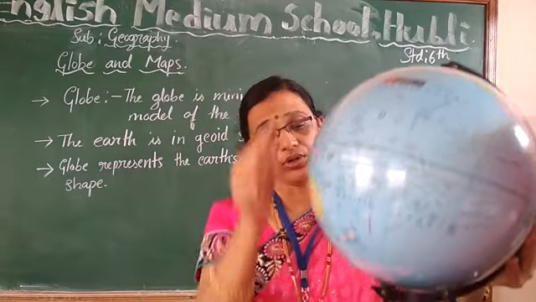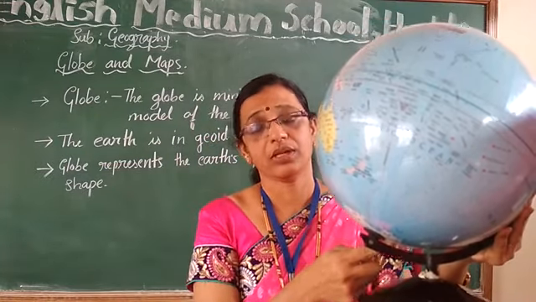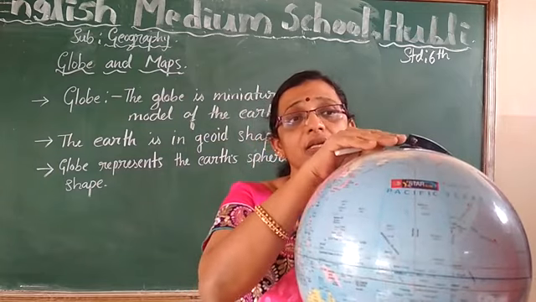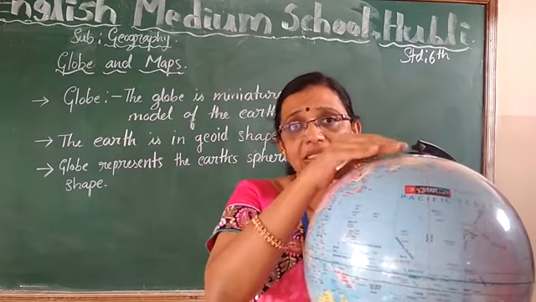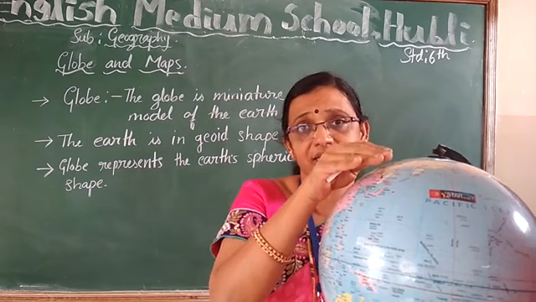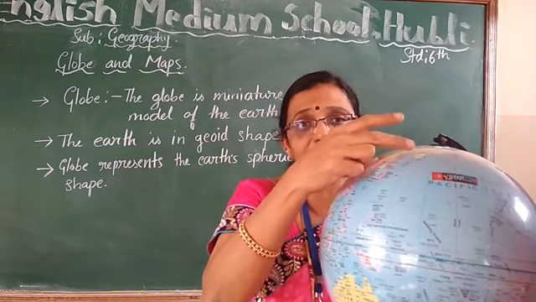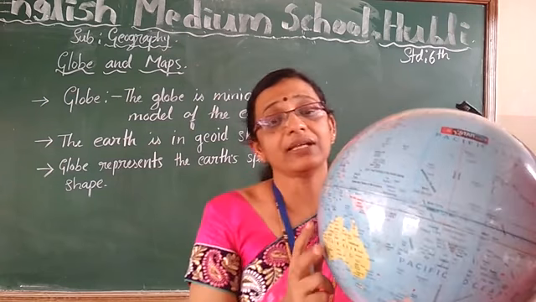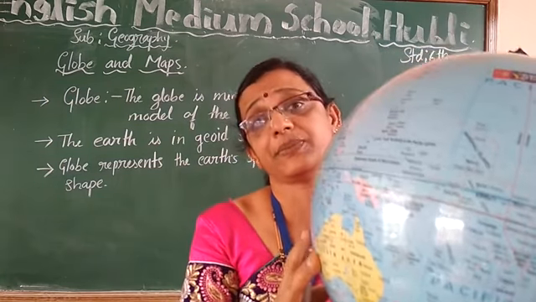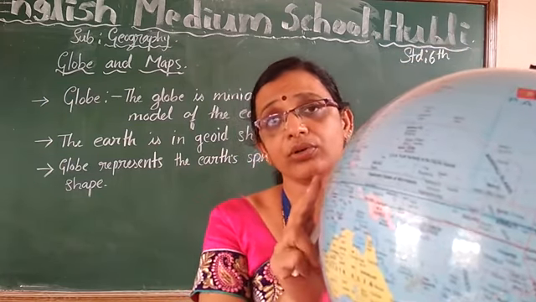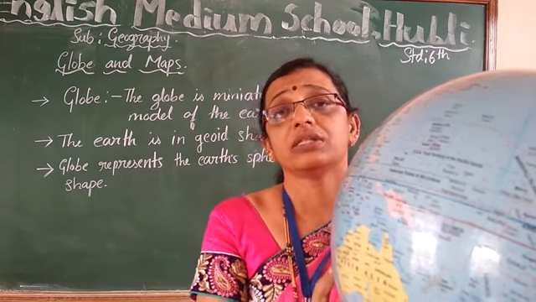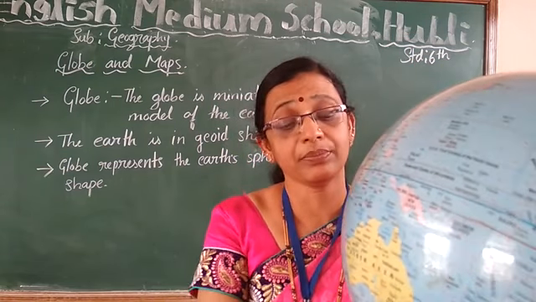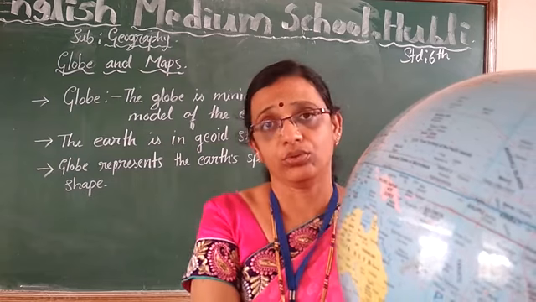This is north pole, this is south pole. And in the poles, somewhat this shape is there. It is flattened. That shape, this globe is representing. By the globe only, we come to know the shape of the earth. That is the main advantage of the globe.